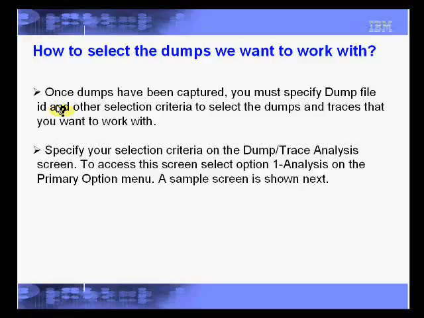Based on the parameters the user has entered, the dumps and the appends will be displayed. The dump file ID is a mandatory field that is required on the screen. All the other fields will help you to filter out the appends.